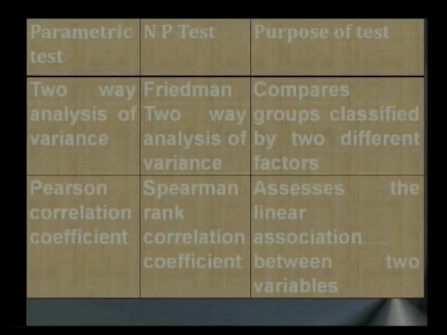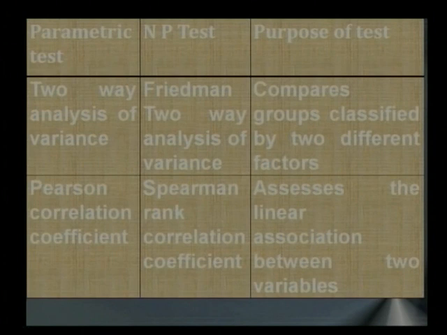Then, in the parametric test, if we want to compare two characteristics, we apply two-way analysis of variance. In the non-parametric test, we apply the Friedman two-way analysis of variance. Both of these compare groups classified by two different factors or characteristics.